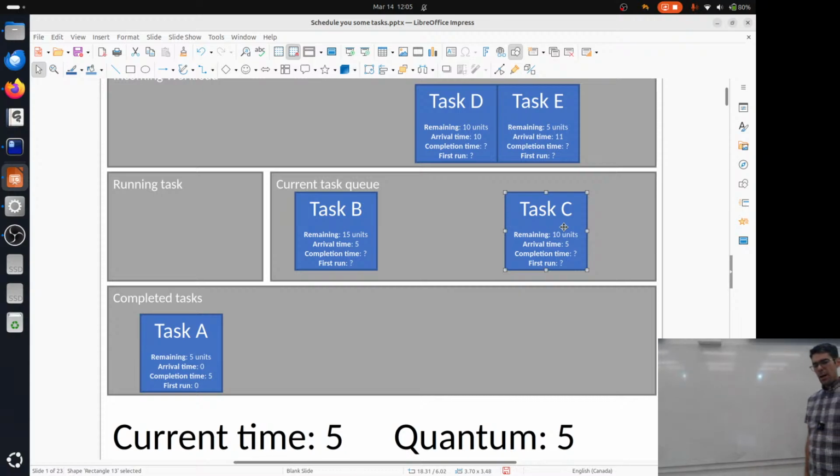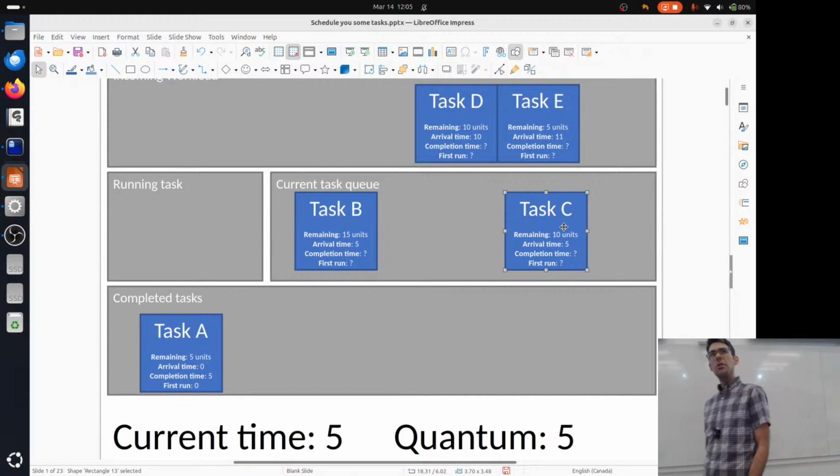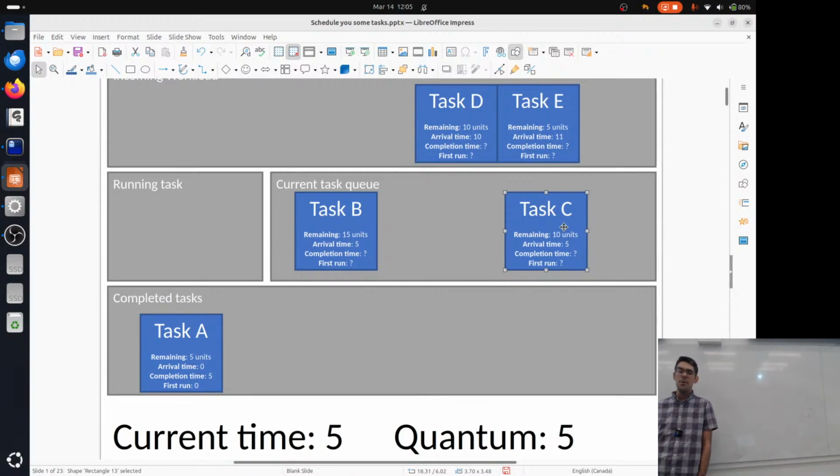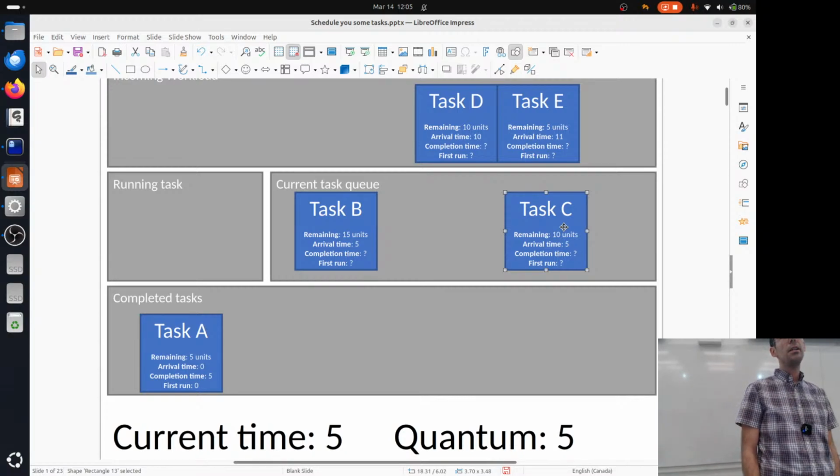In shortest job first, you might implement this as a priority queue. You might just look at the list that you got and find the smallest one, implement it however you want. But in this case, we don't put task B on the processor first because it's not the smallest amount of remaining time for its work.